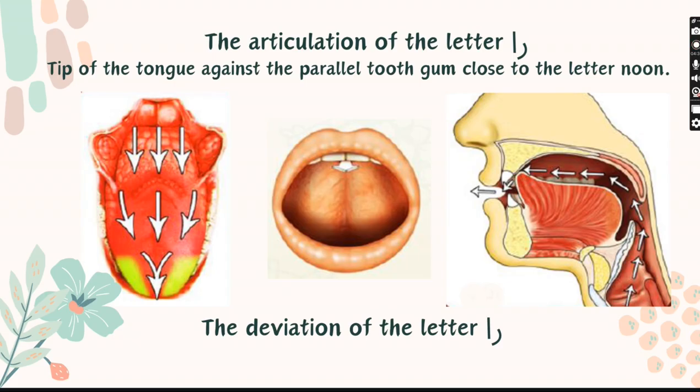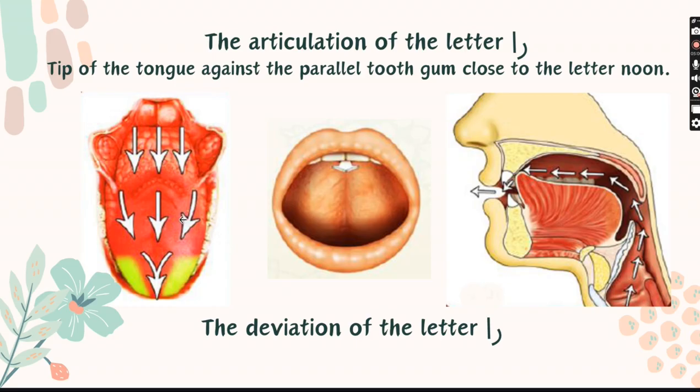But in the case of the Lam, this whole part was closed, and the sound was also running like this. So this is also closed. There's no opening here regarding the Lam. So what happened is that the sound deviated outwards.